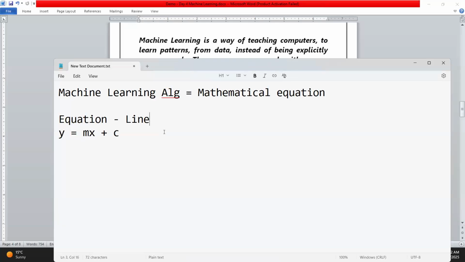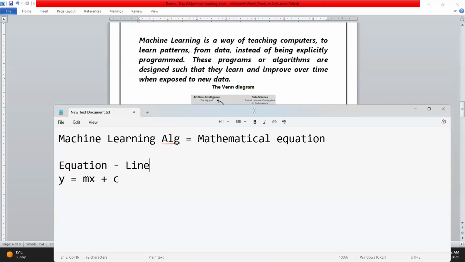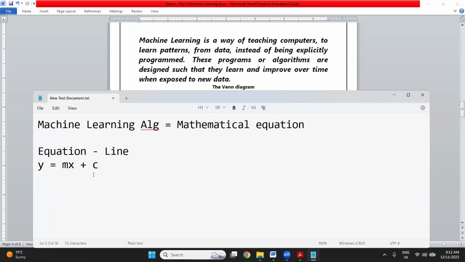Now, when I say we are training the machines using the data, it is simply that we are finding the value of this y using this equation. Suppose y is the value which I want to find. What we do usually is try to solve this particular equation.